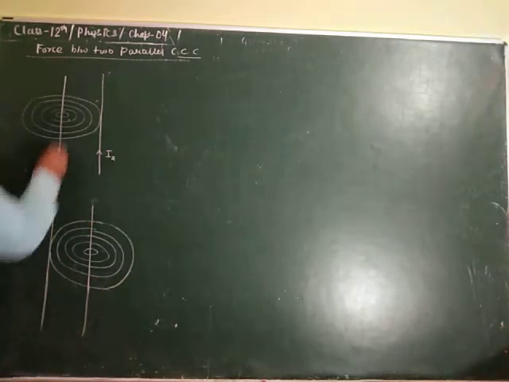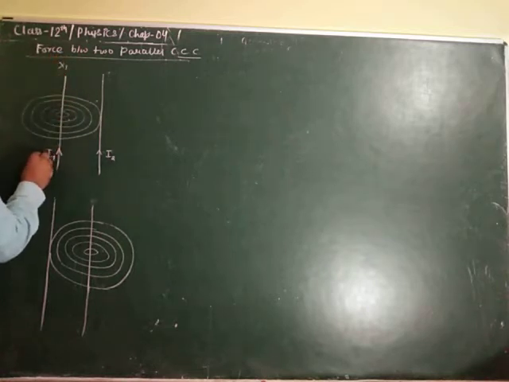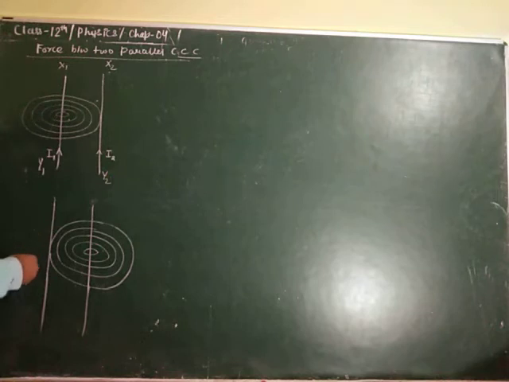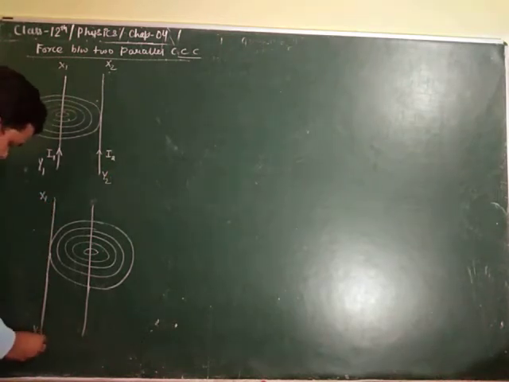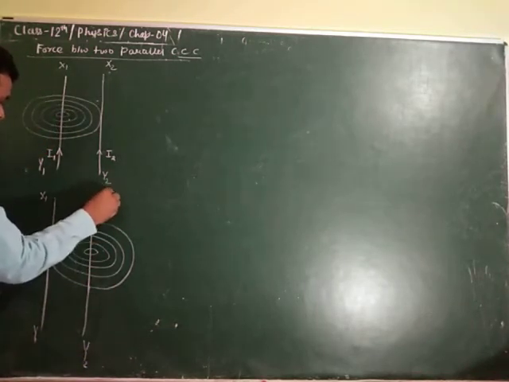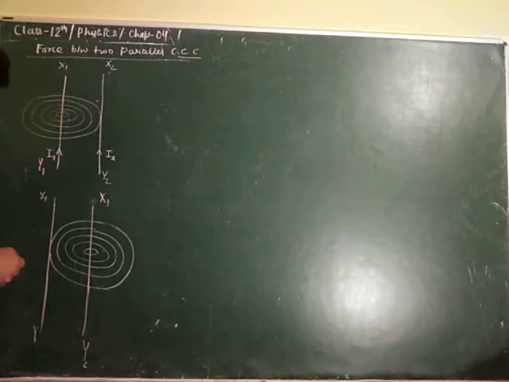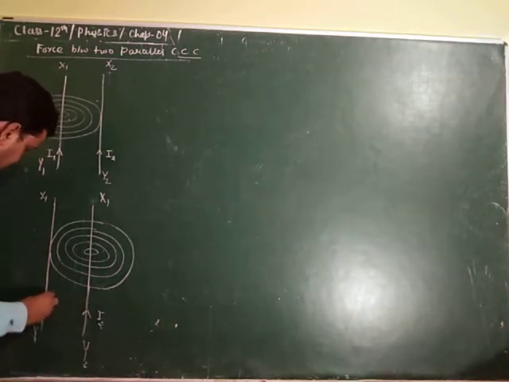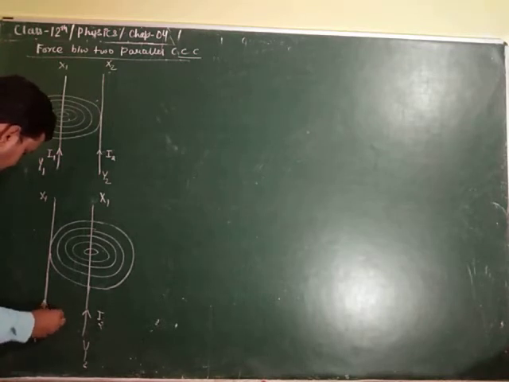This is x1, y1. This is x2, y2. And here we have taken x1, y1, which is carrying a current I2, and this is carrying a current I1.